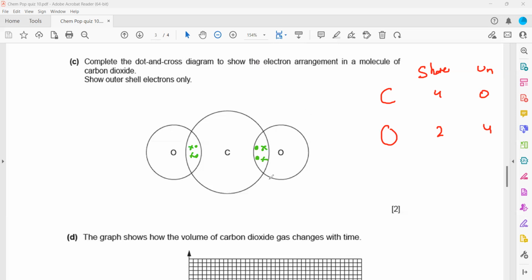There is no unshared electron on carbon, and on each oxygen there should be 4 unshared electrons: 1, 2, 3, 4, and the same way, 1, 2, 3, 4. So this is the structure of carbon dioxide, in which you draw the shared pairs of electrons between the carbon and oxygen; 2 pairs are there, and 4 unshared electrons on each oxygen.